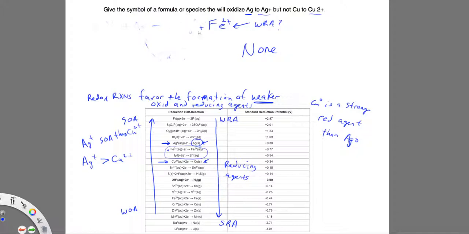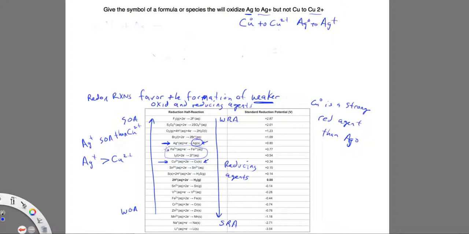What if we did it the other way around? Is there something that will oxidize copper to copper 2, but not silver to silver ion?